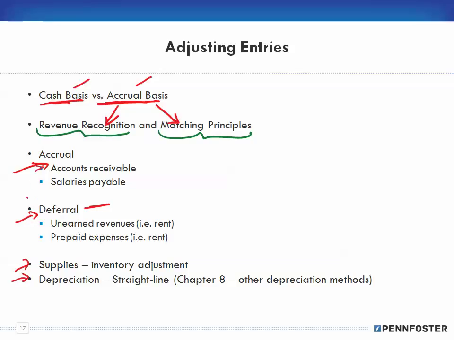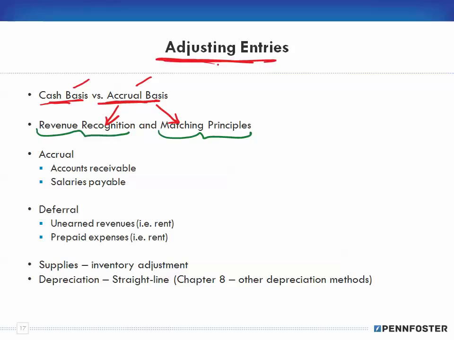As you move further into the textbook, this will expand. It's not like, oh, these are the only ones. No, there's going to be other ones. So if you're into memorizing what's in the textbook and looking it up on a specific page in order to work through the problem, realize that that's not going to cut it, because there's going to be other entries that are going to be made for your adjusting entries at the end of the accounting period.